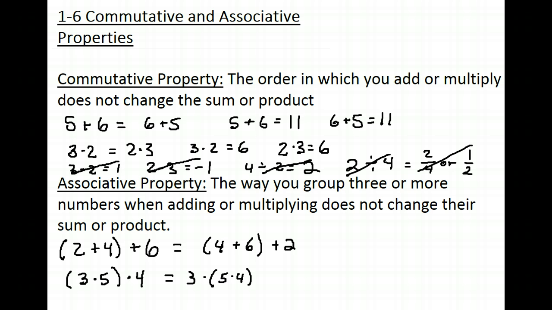So let's do the math. Inside the parentheses we have 3 times 5, which is 15, times 4, which equals 60. And we have 3 times open 5 times 4. So we do what's in the parentheses first. So 5 times 4 is 20. 3 times 20 is 60. So you get the same answer.